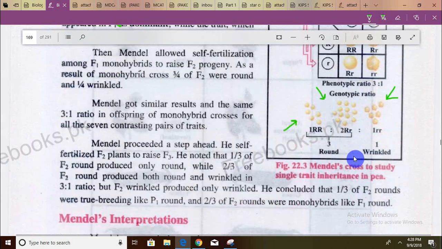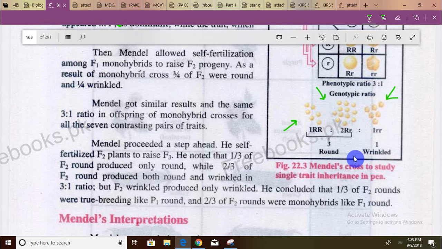So then he proceeded a step further. He fertilized the F2 plants to raise the F3, right?